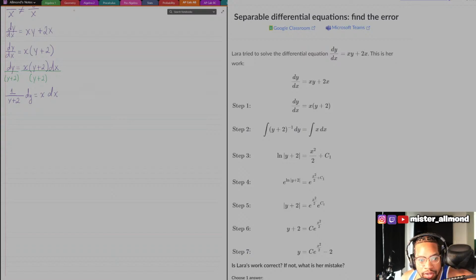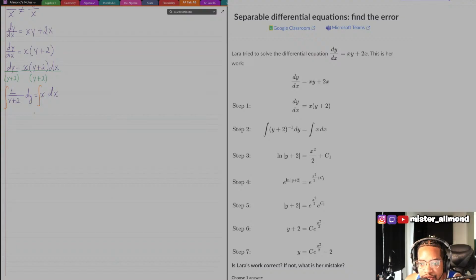Our whole goal is to get y by itself. So essentially I got to get rid of the dy and the dx. And in order to do that, I'm going to integrate both sides. And then once I do that, I will no longer have a dy nor will I have a dx. So let's see what they did.